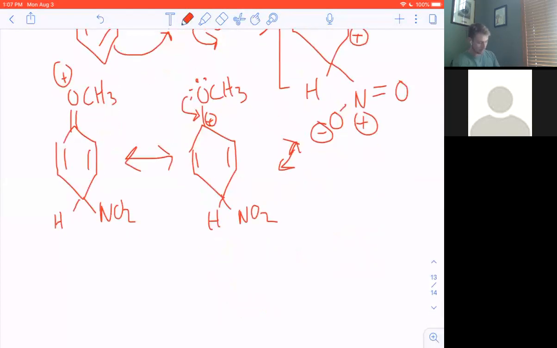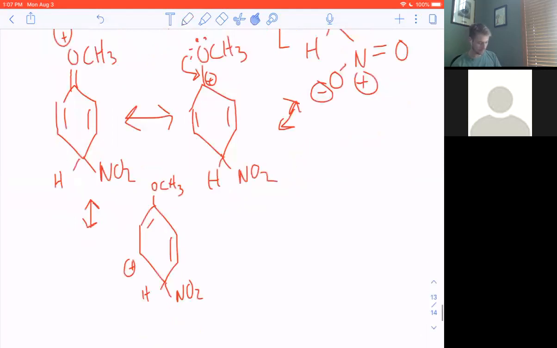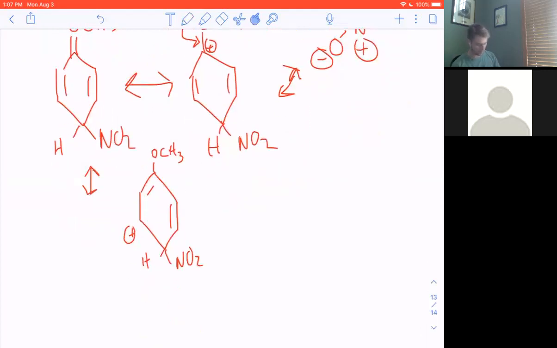And the last thing you're going to have then is just going to be the other one if the charge kept moving around the ring. So I'll draw that out really quick. And for full credit, you did need all of these. And then basically for that last step, all that's going to happen is I'm going to use water.